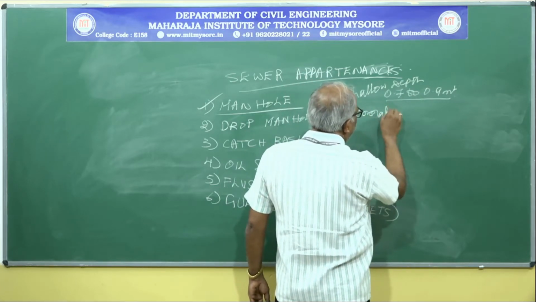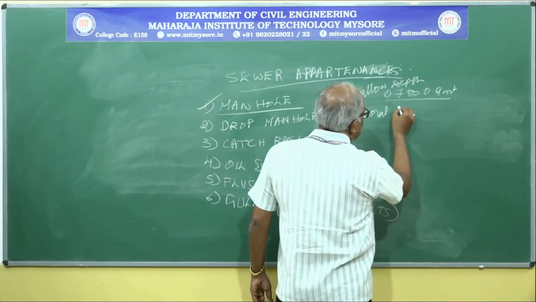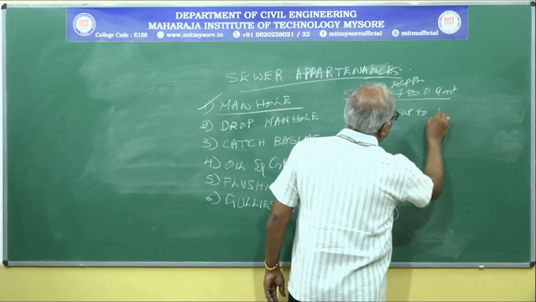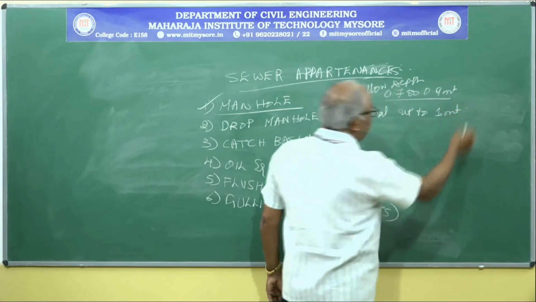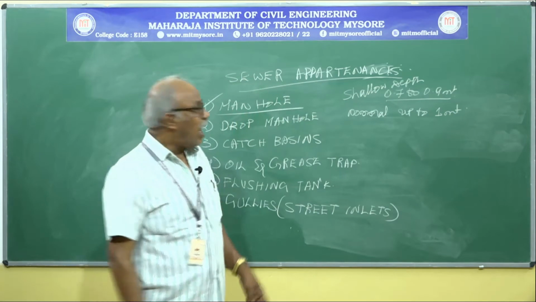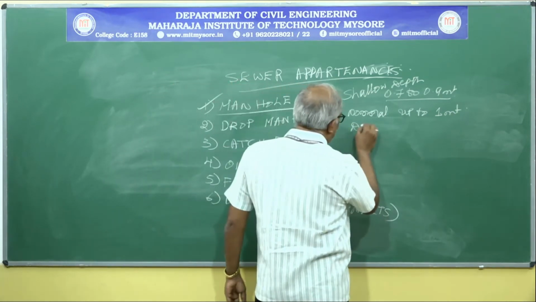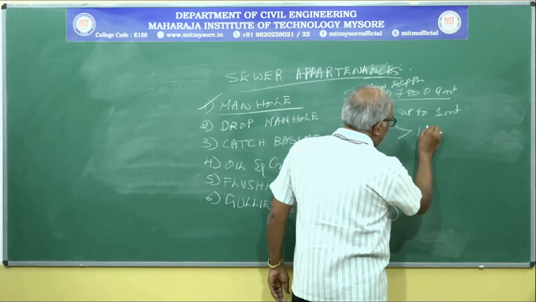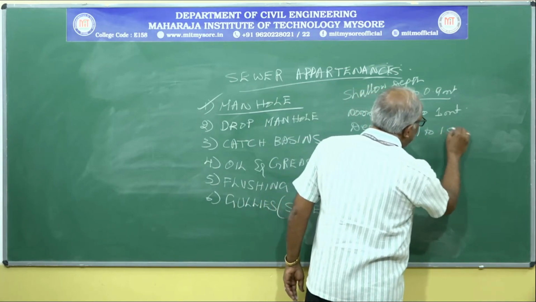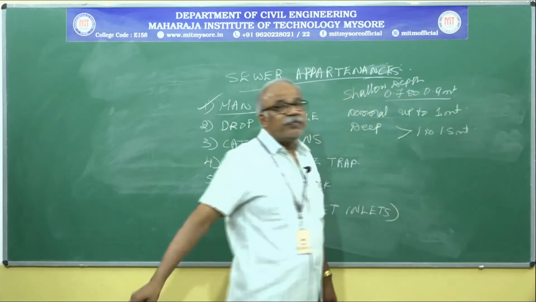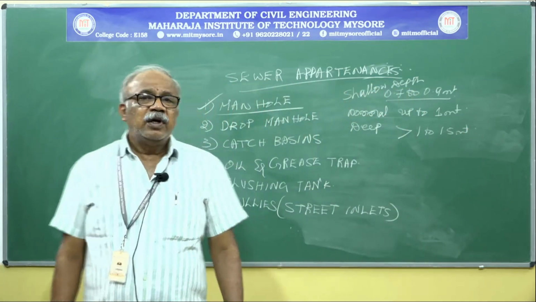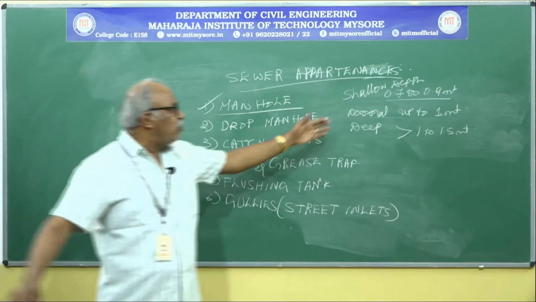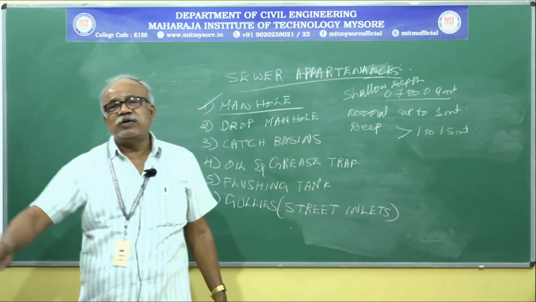Normally, it is up to 1 meter depth, and a deep manhole is more than 1 to 1.5 meter in depth. The deep manhole is where the depth is more when compared to the normal or shallow manholes.